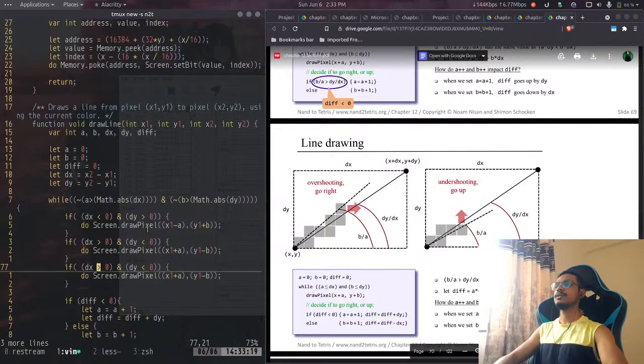Now if dx is also less than 0 and dy is also less than 0, then subtract a and b in both these cases.